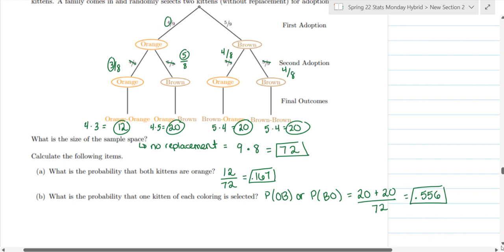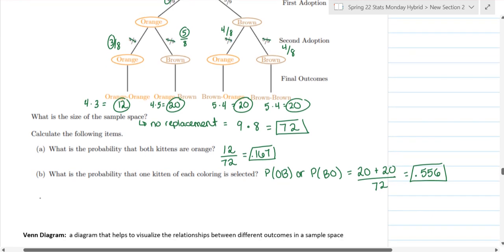All right, next one is C. What is the probability that the second kitten is orange, given that the brown kitten was chosen first? The sample space here for brown first is going to be these guys here, 20 plus 20.